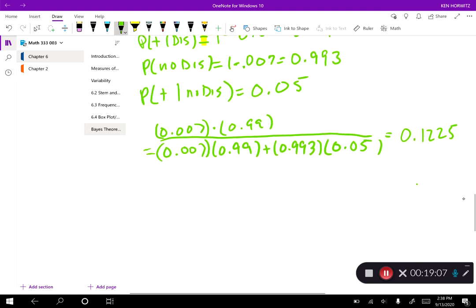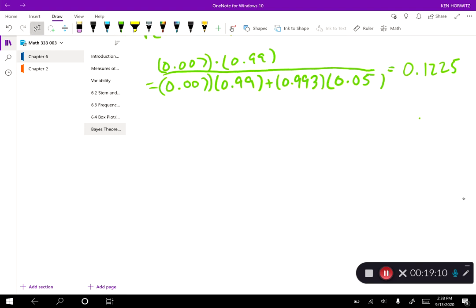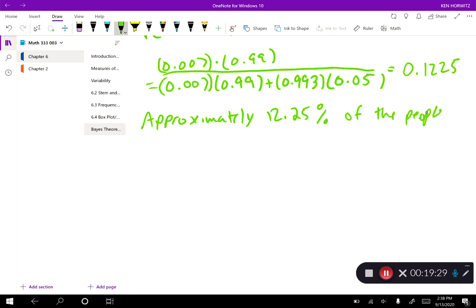So what we should say at the end of this problem is that approximately 12.25 or 12.25% of the people who test positive for the disease actually have it.